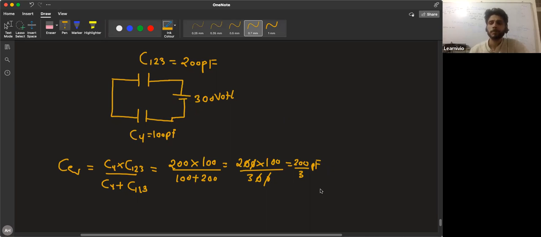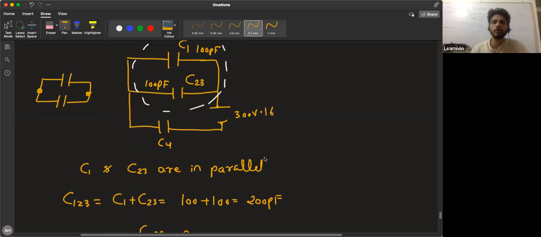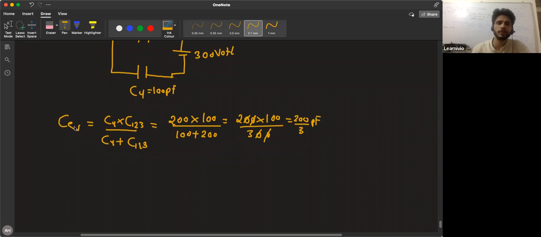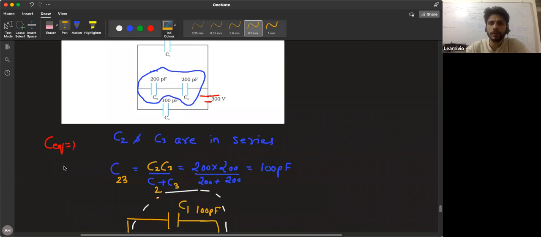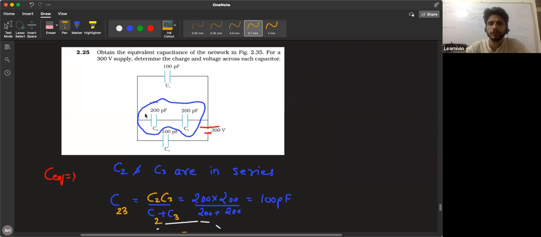This is C equivalent. The first step is to calculate C equivalent. Note it down. Then we will calculate the charge and also the voltage. Note this question.